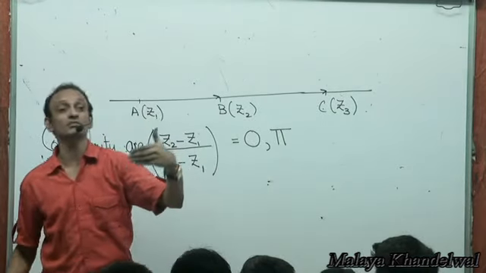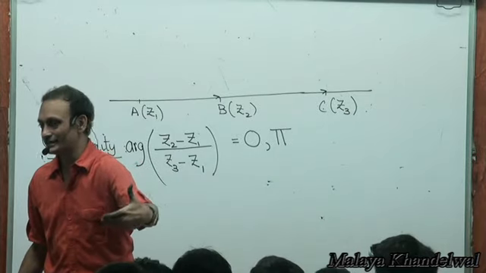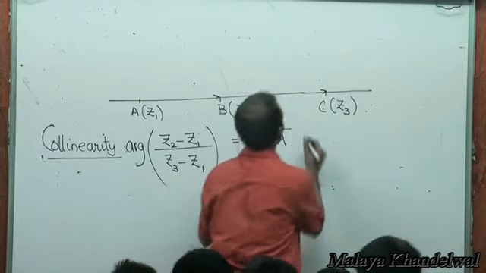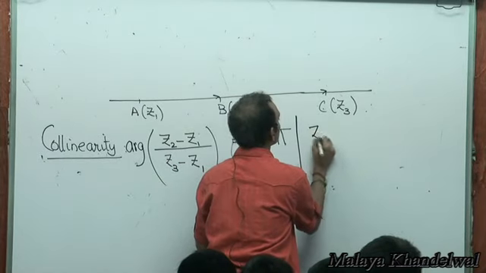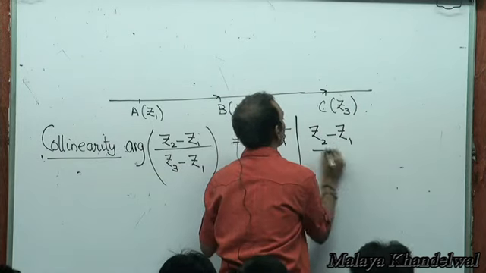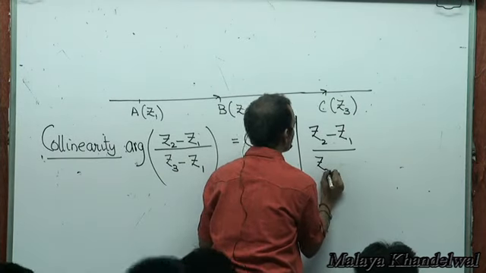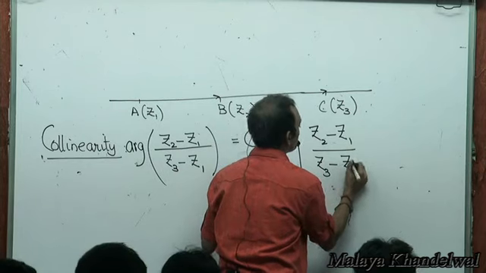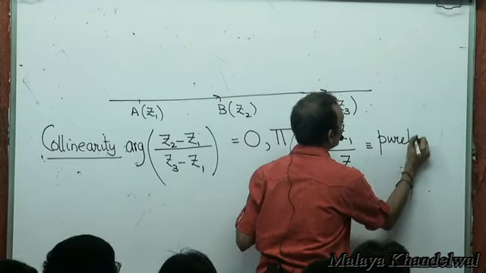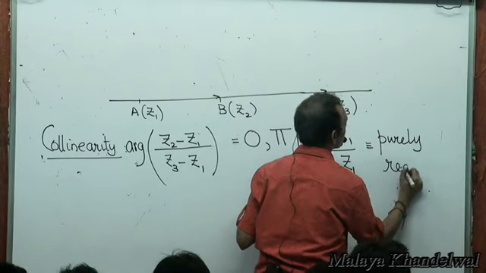That means this complex number must be purely real. That means Z2 minus Z1 divided by Z3 minus Z1 must be purely real. It could be a positive real number or a negative real number, but it's a purely real number.